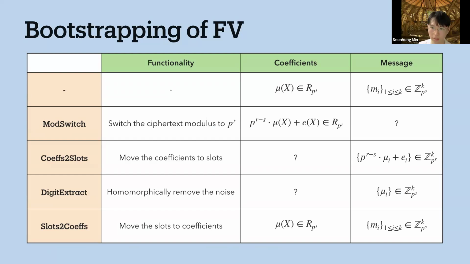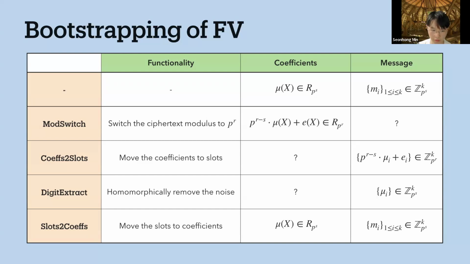So let's say that we have the input ciphertext of mu(x), which is an encryption of message vector m. Then during the mode switch step, the coefficients are changed into P to the R minus S times mu plus e, for some small noise polynomial e.